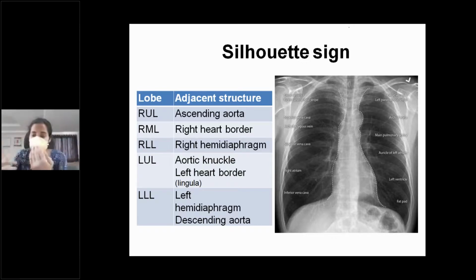You cannot delineate the border of either this mass or this heart, and that is called loss of Silhouette. And you can tell that this lung mass is present in the plane of the heart, having almost the same density as the heart.